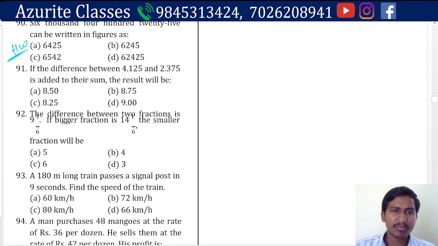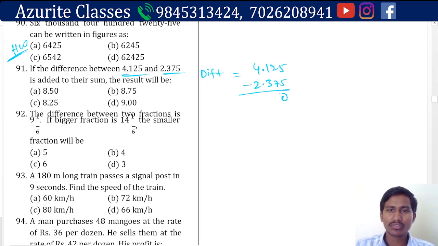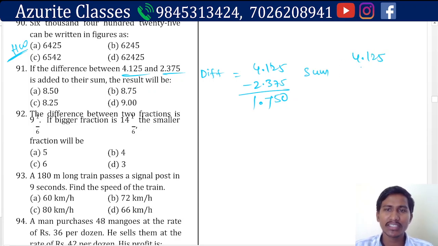So 91, the difference between these two added to their sum. If you take the difference, 4.125 minus 2.375, so 0 here, 12 minus 7 is 5 here, and 4 minus 3 is 1, so 1.750. Sum we have to add to that. Sum means 4.125 and 2.375.